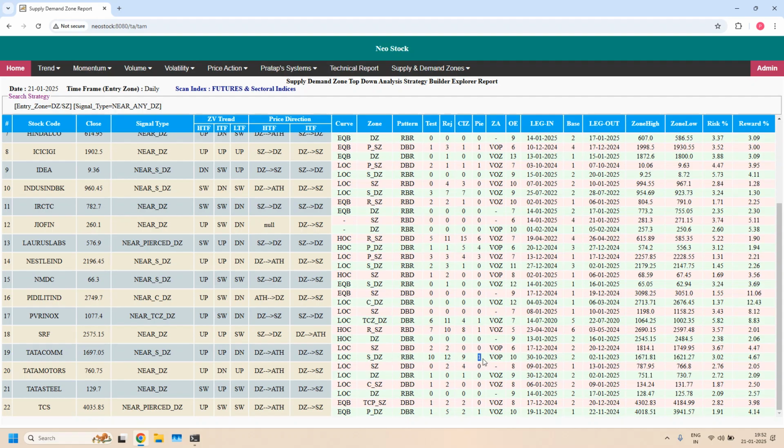Tata Communication is a pierced zone. We don't use it for HLQ zone strategy. That's it. We have 6 daily high liquidity demand zones from this list. We identified 6 high liquidity demand zones.